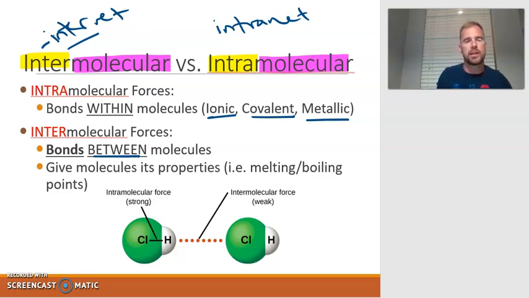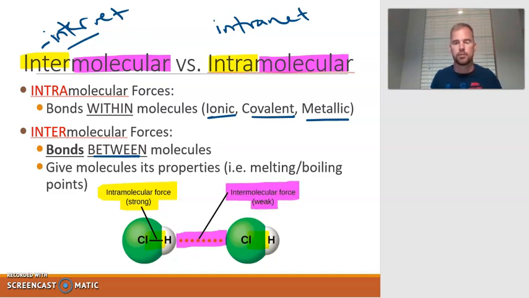If we look at an example, down below here I have 2 hydrogen chloride molecules. The bond that actually holds the hydrogen and the chlorine together, that's the intramolecular force. That's the covalent bond, for example, that we learned about, and that's very strong. But there's also this attraction between two hydrogen chloride molecules, and this attraction is what's known as the intermolecular force.